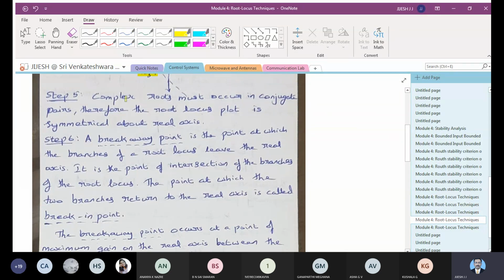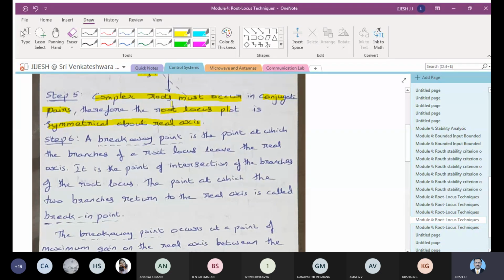Okay. So in step 5, we can see that the complex roots must occur in conjugate pairs. Therefore, the root locus plot is symmetrical about the real axis. So what you have to understand is the root locus plot needs to be symmetrical about the real axis.